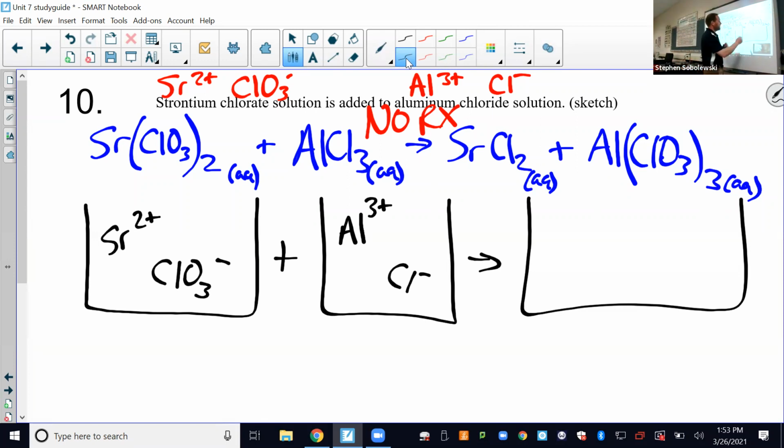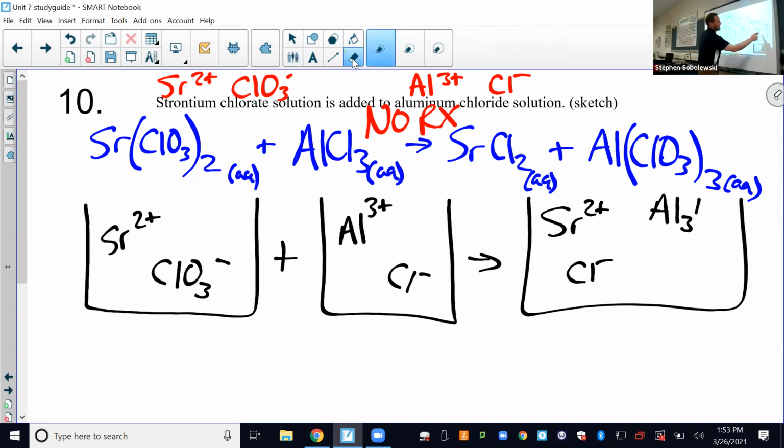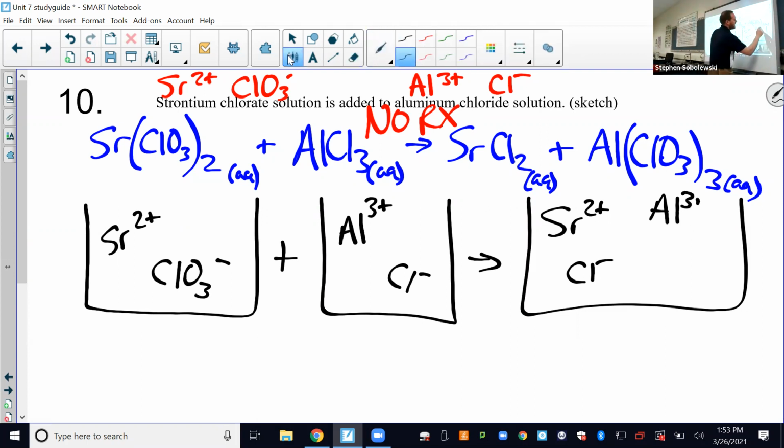Here I have strontium chloride aqueous, so Sr2+ and Cl minus. I also have aluminum chlorate aqueous, so Al3+. Oh, that's not correct. Al with a charge of 3+. And chlorate is ClO3 with a charge of minus. And now we just need to show water is interacting with these.